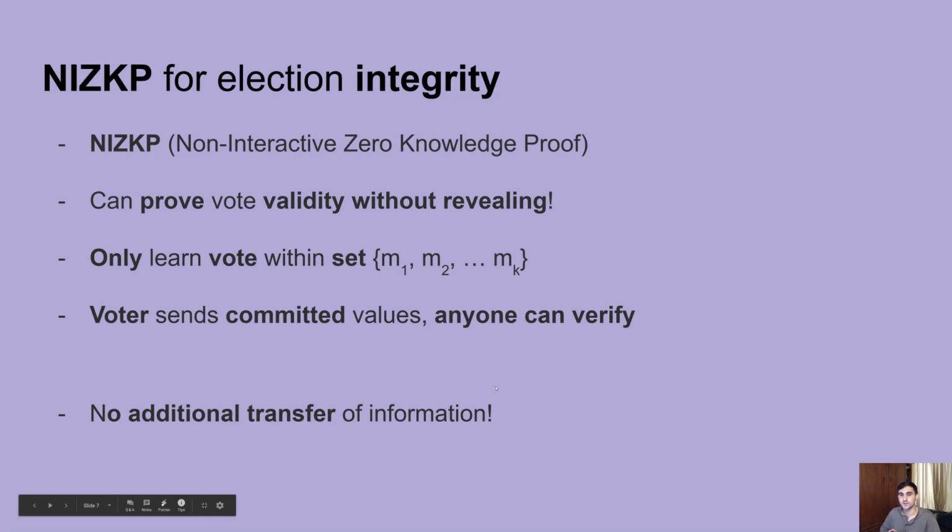Now, we're also going to use a non-interactive ZKP for election integrity. This will let us prove our votes are valid without revealing actual votes. The only information we learn is that our vote is within a certain set of allowed votes, and there's no other additional transfer of information. What this entails is a voter sending committed values so that anyone can verify the validity of their vote.